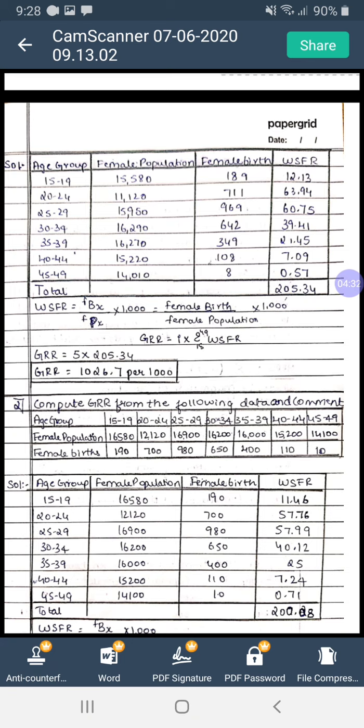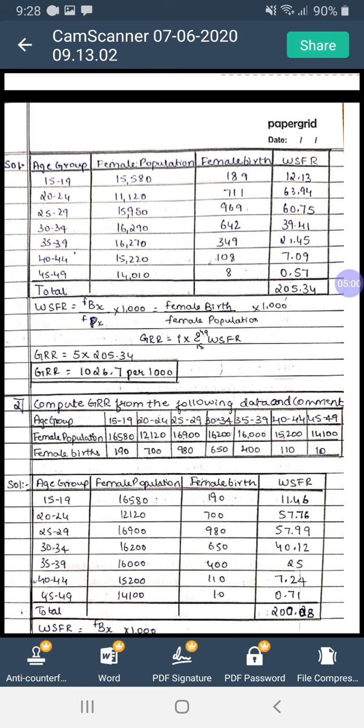Keeping that, we need to first find out WSFR. WSFR is female births divided by female population into 1000. For the first one we will do the calculation here; the rest is the same. 189 divided by 15,580, you will get 12.13.